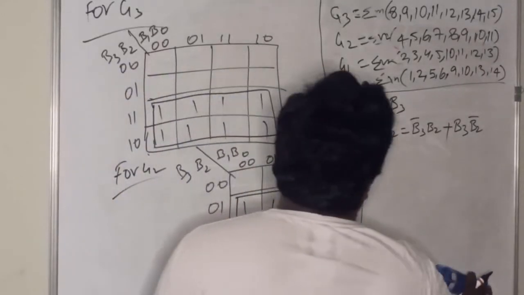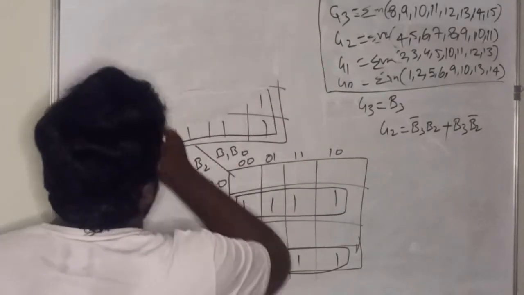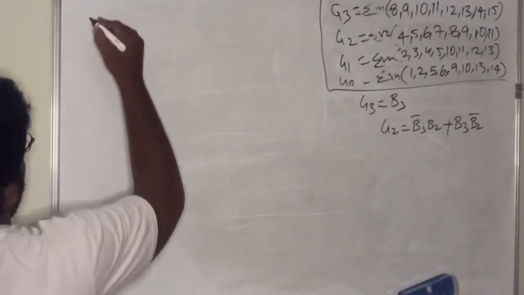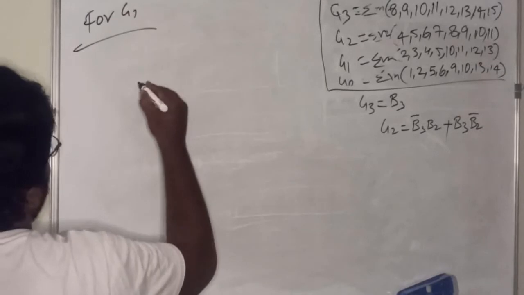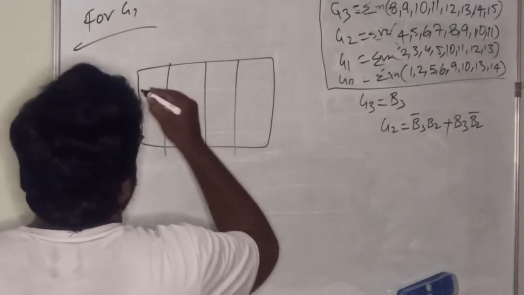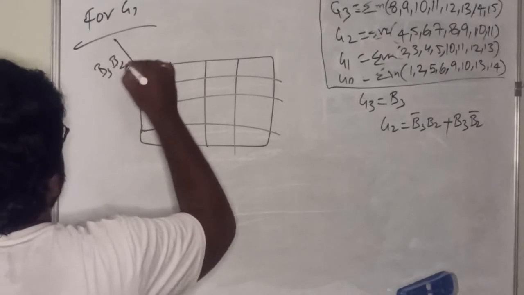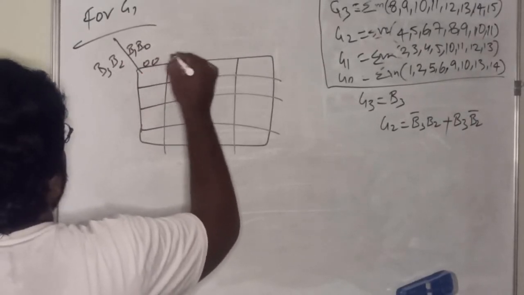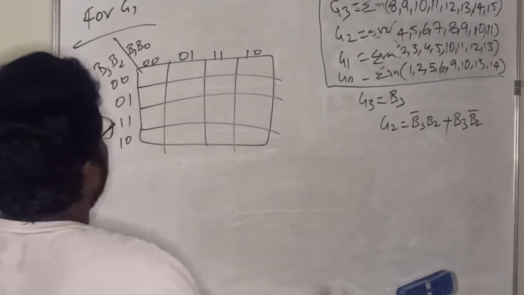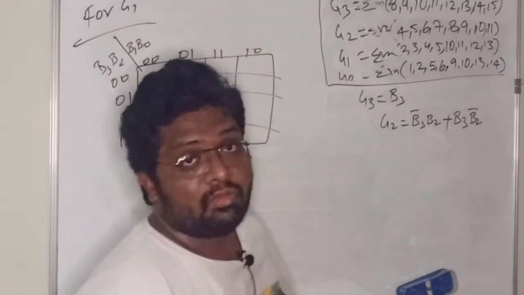So now let us see for G1. Now let us draw the K-map for G1 and G0 and let's get those expressions. So now if you observe here for G1, the minterms are 2, 3, 4, 5, 10, 11, 12, 13.